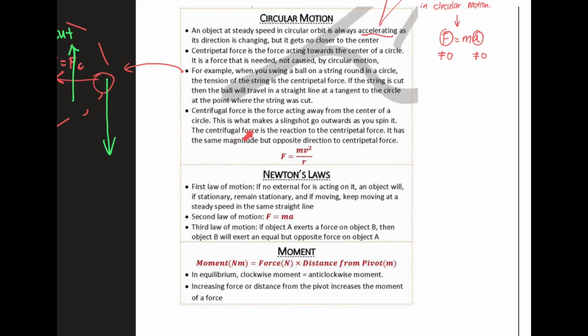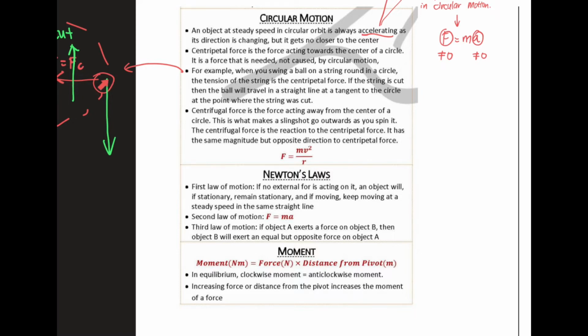The centrifugal force is the reaction to the centripetal force. It has the same magnitude but opposite direction to centripetal force. So they are trying to say that they are in opposite directions.